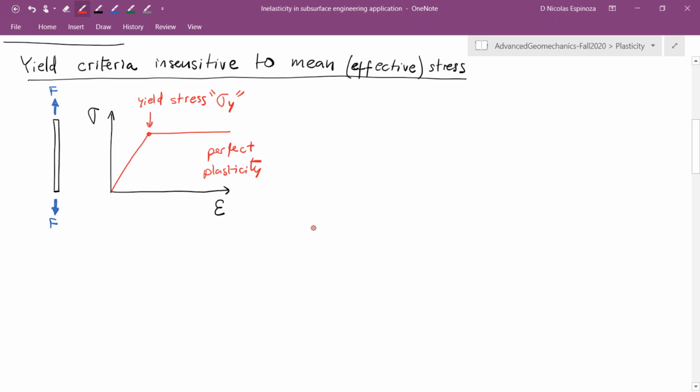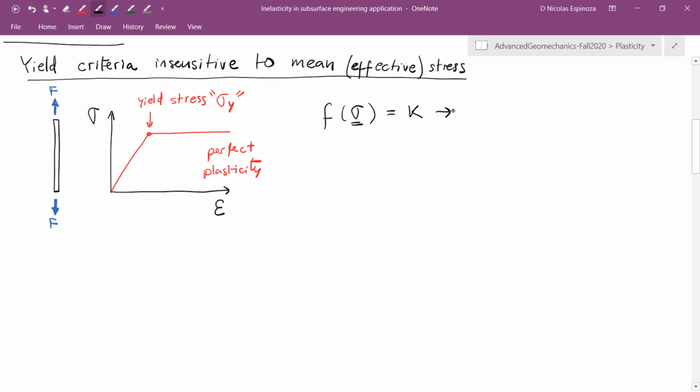So in general, for a given material, the yield criterion is going to be a function that helps us decide when the state of stress reached that maximum value. And this is going to be a function of the state of stress. And this function, we're going to make it equal to, in this case, a constant k.